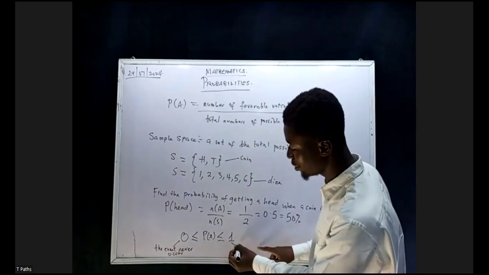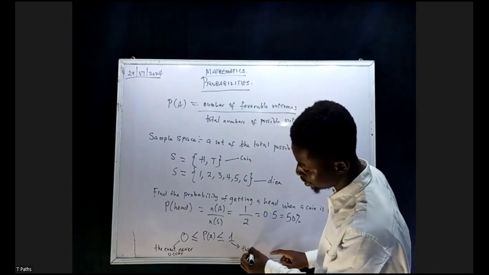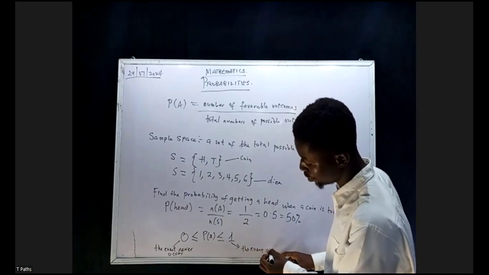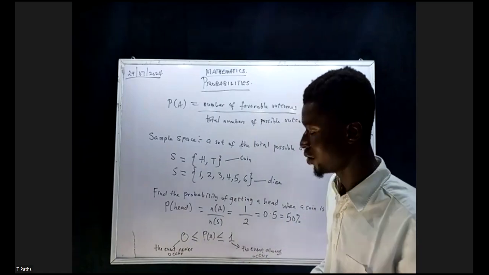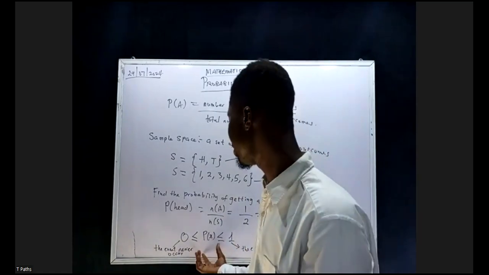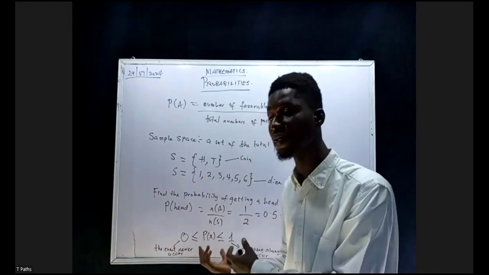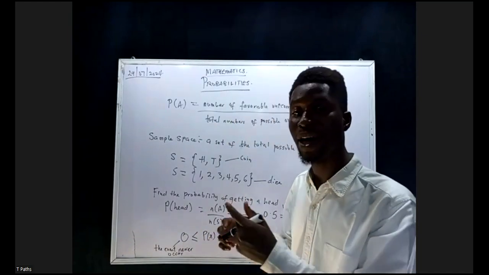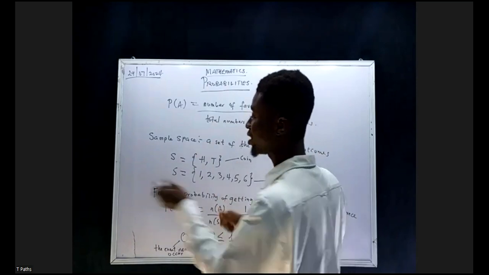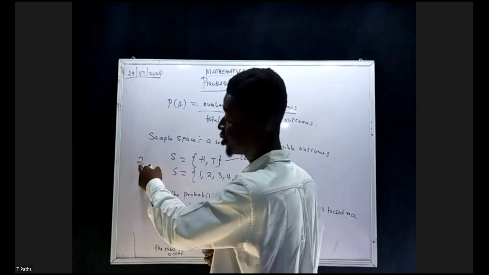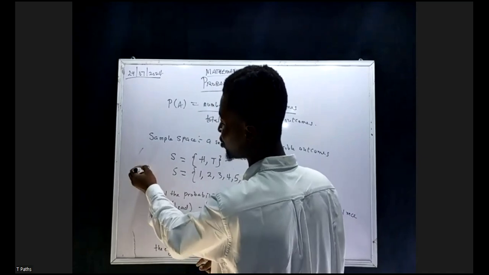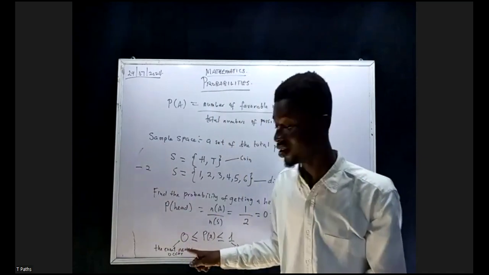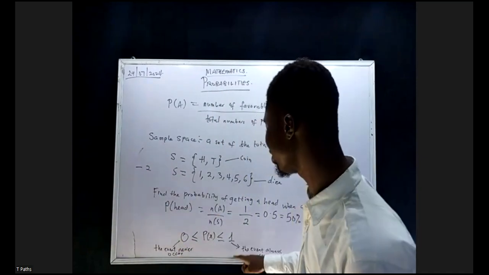Whenever you have 1, it means the event always occurs. This will make more sense with more examples. That tells me that in probability I can never have more than one. I can never have an answer of 2. It means you are wrong. And I can never have a negative answer like -2. Remember, the least value is 0 and the greatest value is 1.